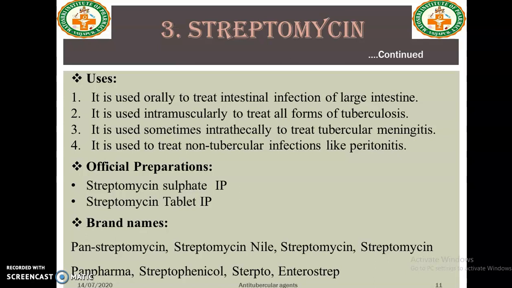Fourth, it is used to treat non-tubercular infections like peritonitis. Streptomycin sulfate IP and streptomycin tablet IP are the official preparations. In the market, it is known as Pan-streptomycin, Streptomycin Nil, Streptomycin Pan-Pharma, Streptofenicol, Streptro and Enterostrep.